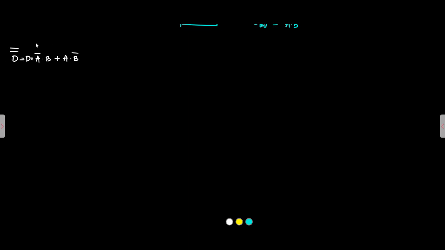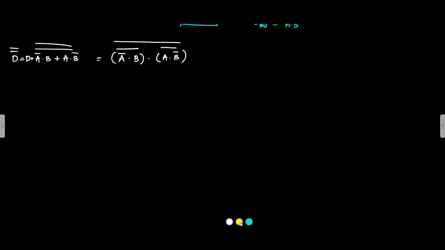So it will be the double complement of this. First we will apply De Morgan's theorem to the inner lower portion. So it will be A bar and B whole complement and A B bar whole complement. So this OR is converted into AND.